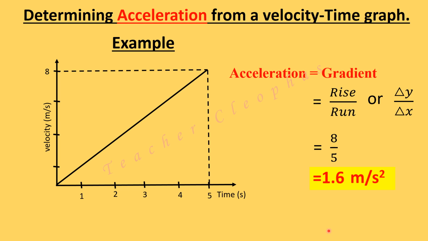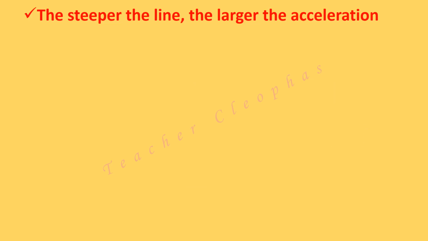So the basic point to take home is that for us to get acceleration from a velocity time graph, we need to determine the gradient. The steeper the line, the larger the acceleration.